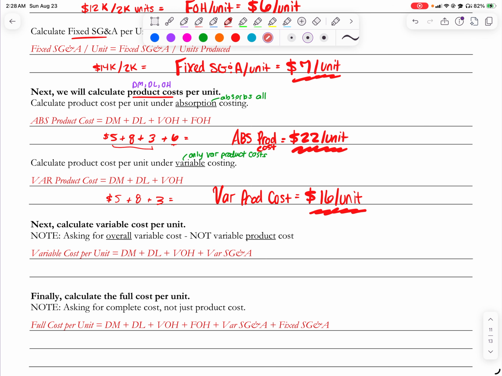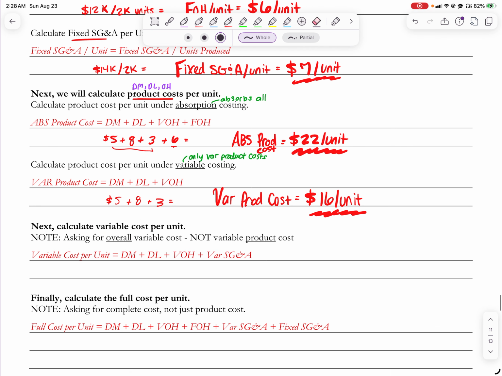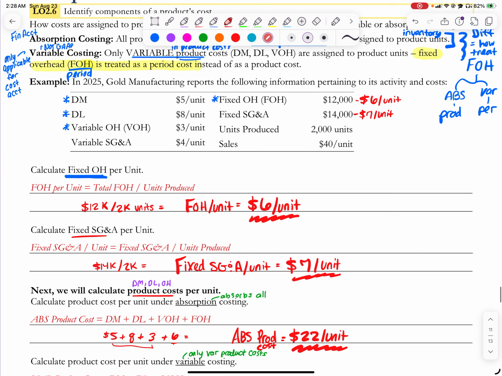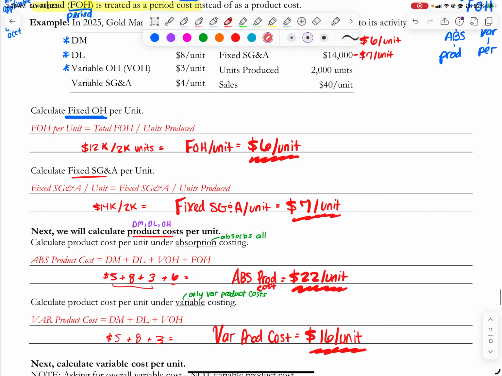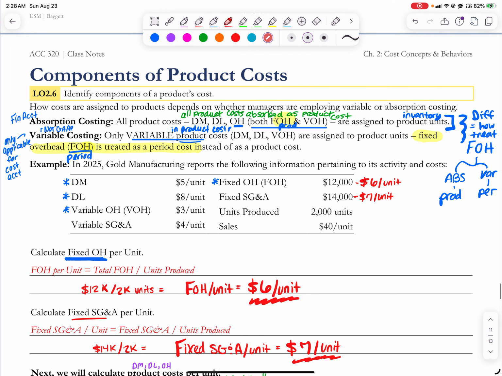Next, we're going to calculate variable cost per unit. Note that it doesn't say variable product cost, it just says variable cost. And we'll see overall variable cost per unit, not just the variable product cost. So all the variable cost, we're assuming direct material and direct labor are variable.